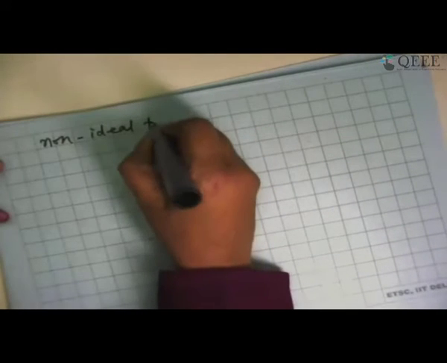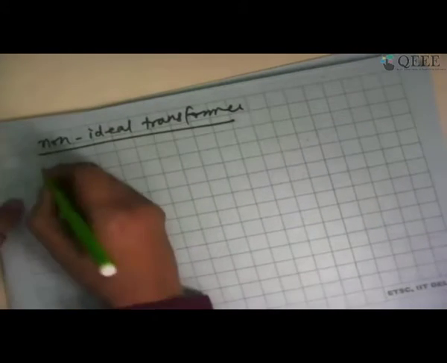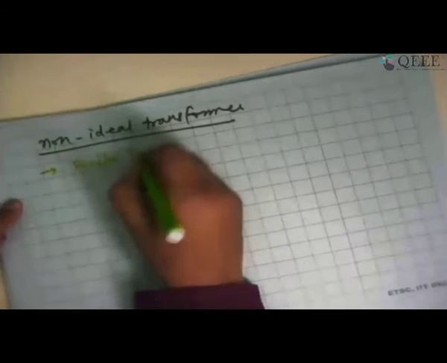Now let us look at the transformer. In the case of a non-ideal transformer, compared to the ideal transformer, we mainly took into account four factors, if you may recall. One was finite permeability.